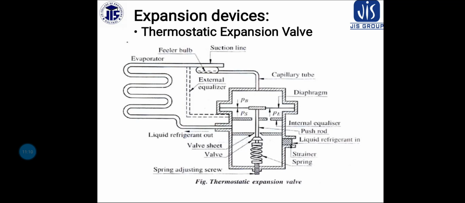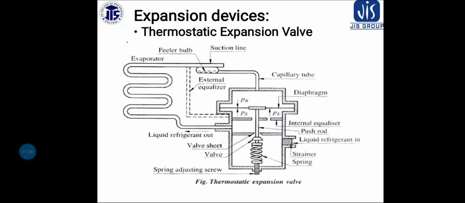The pressure of the liquid in the bulb tends to open the valve. This pressure is balanced by the pressure due to the spring plus the pressure in the evaporator, that is, pressure P1 and P2.